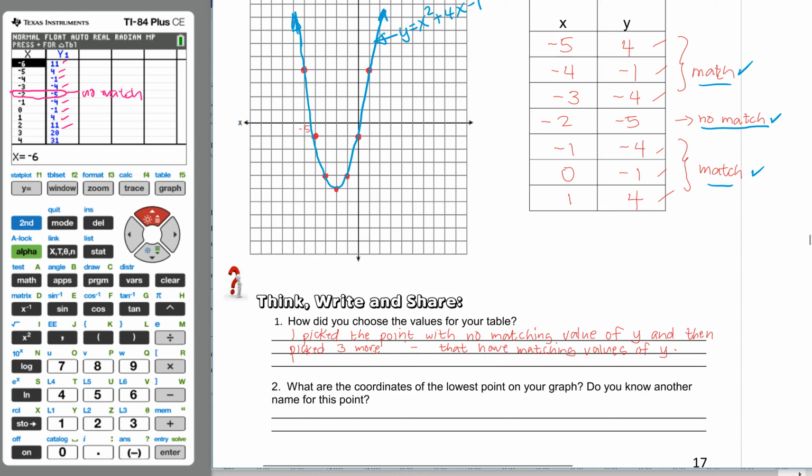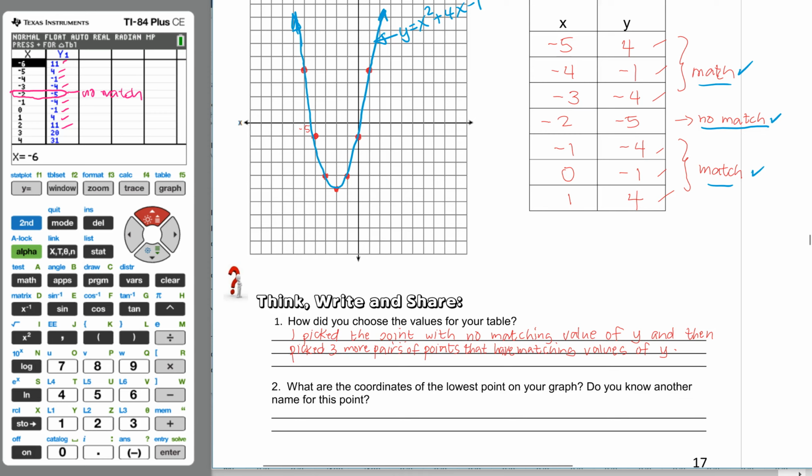Let's just erase this one. So 3 more pairs of points that have matching values of y.